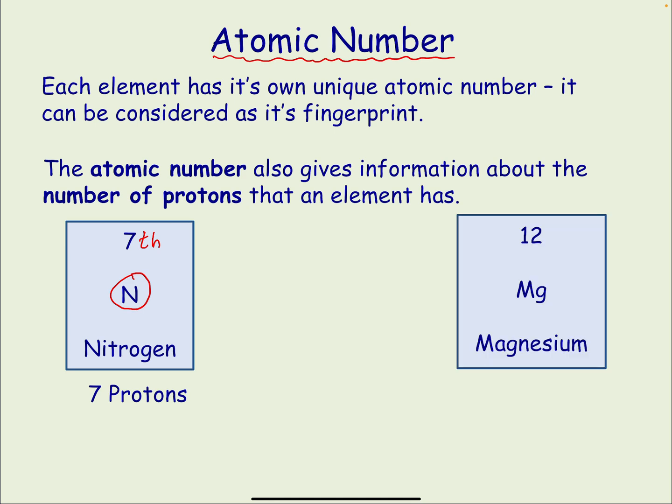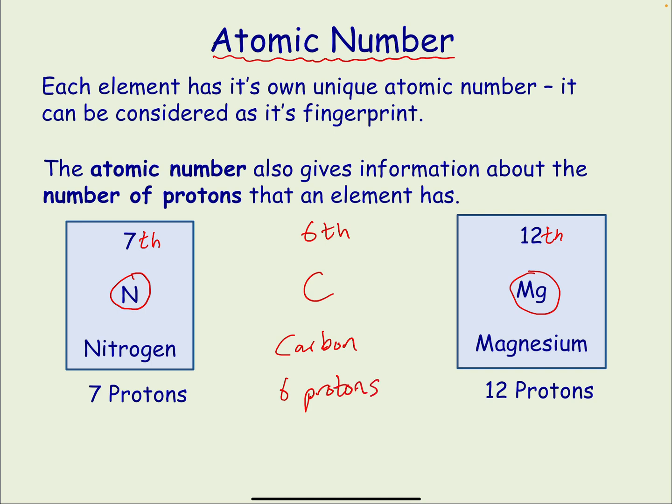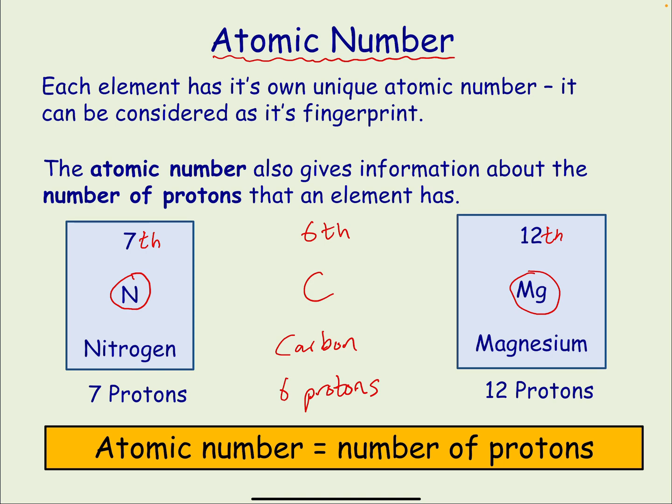Magnesium has got the symbol Mg. It's the 12th element in the periodic table, and that tells us it has 12 protons. Carbon is the 6th element in the periodic table. 6 protons. You see a trend here? The atomic number tells us how many protons something has. That's what we have at the bottom here.